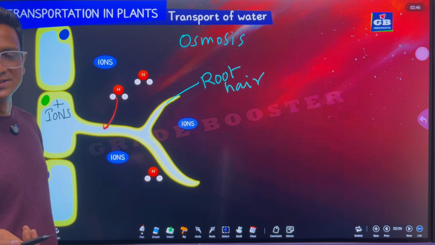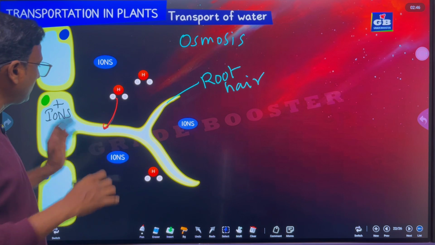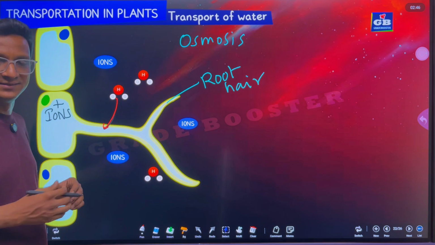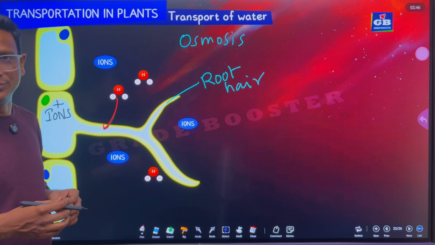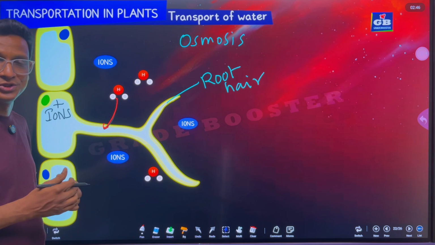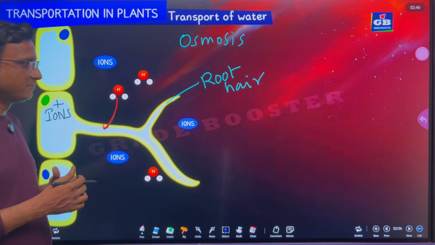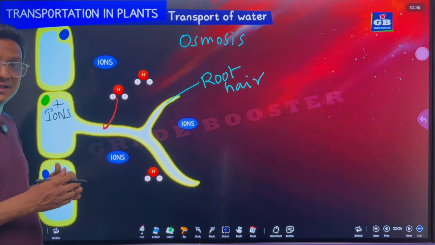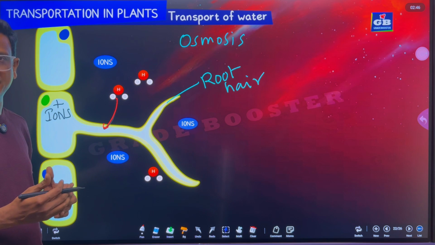But sometimes if the concentration of ions is less inside the cell, then what does the plant do? How does the water enter the root hair? Then the plant cells use the active transport mechanism.